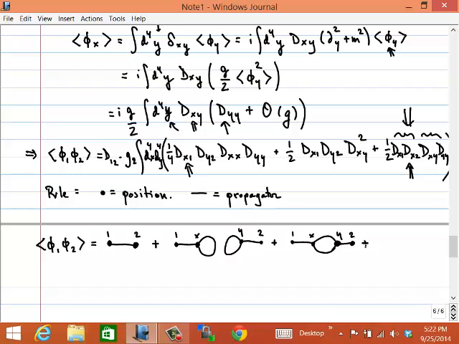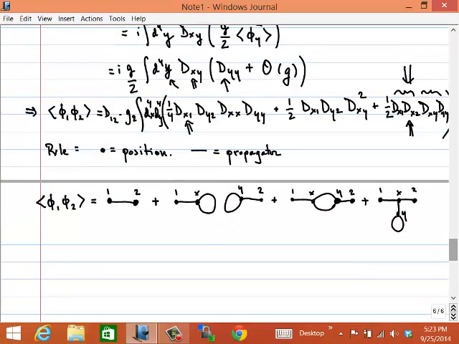And then the final term, we have a propagator that connects 1 to x, and another propagator that connects 2 to x, and then a propagator that connects x to y, and a propagator that connects y to itself. So these are the four diagrams that are associated with the four terms that I've written out here in my perturbative expansion for the two-point function.